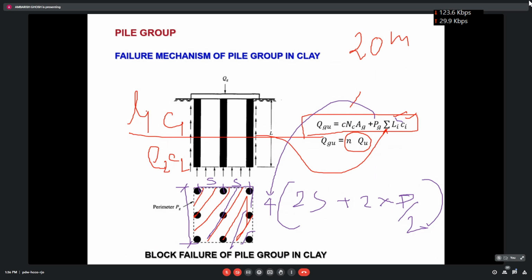Now first, L1 equal to 10 meter, and C1 is say 25 kilopascal.